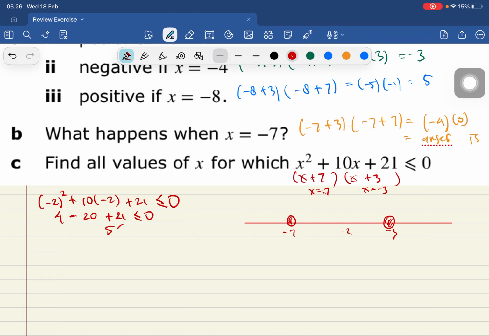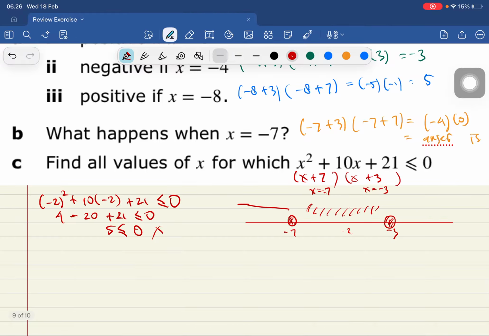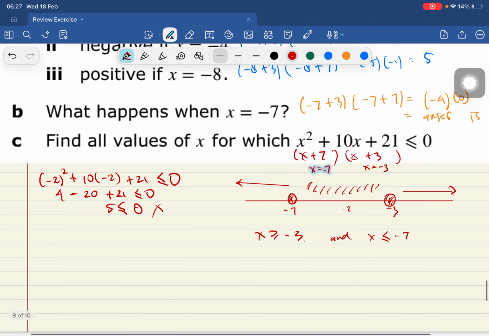So 5 is not less than or equal to 0, so this part is not. So here and here it is, so x is bigger than minus 3 and x is less than minus 7 or equal to minus 7.